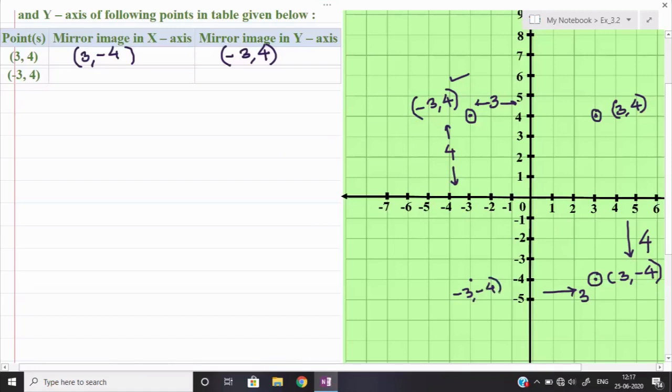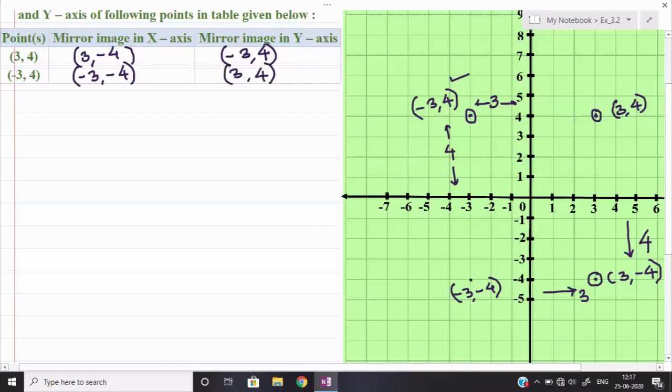For the point minus 3 comma 4, minus 3 comma minus 4 will be the image in the x-axis. And if I go horizontally, I will get 3 comma 4 as the image here. So in the y-axis the image will be 3 comma 4.